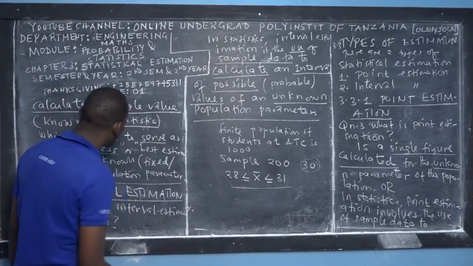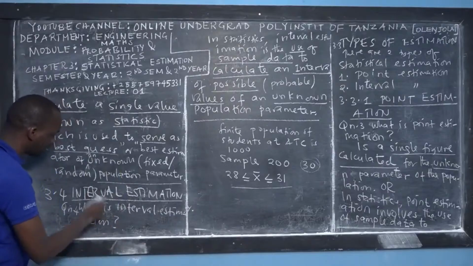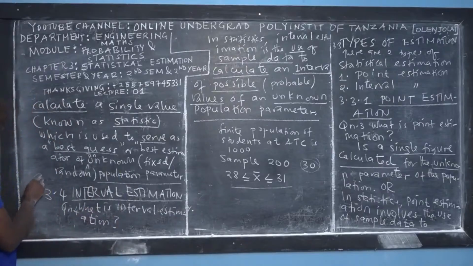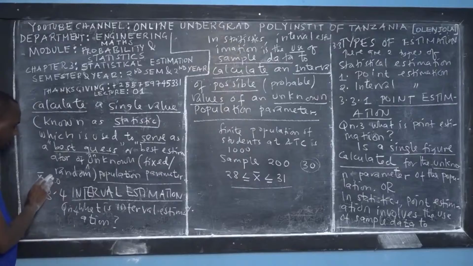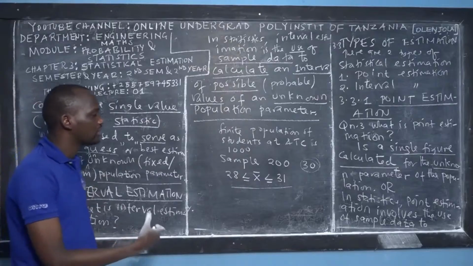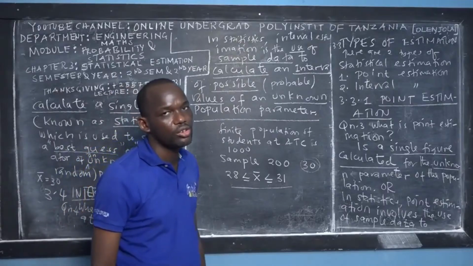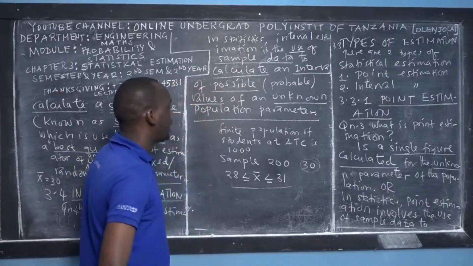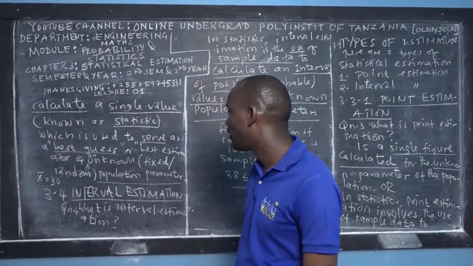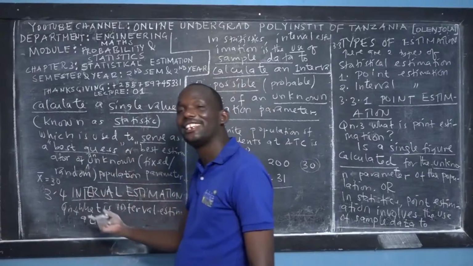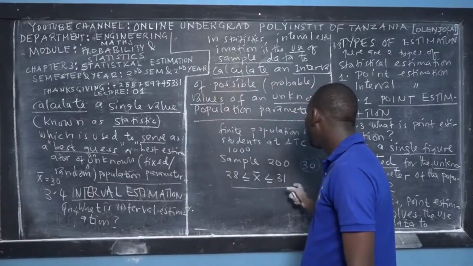When you say point estimator, for example, we say that the mean is equal to 20. That's the meaning of the interval estimator versus the point estimator. In the same experiment of researching the students at Arusha Technical College who are passing engineering mathematics every semester, the point estimator is 30, but the interval estimator is 28 to 31.